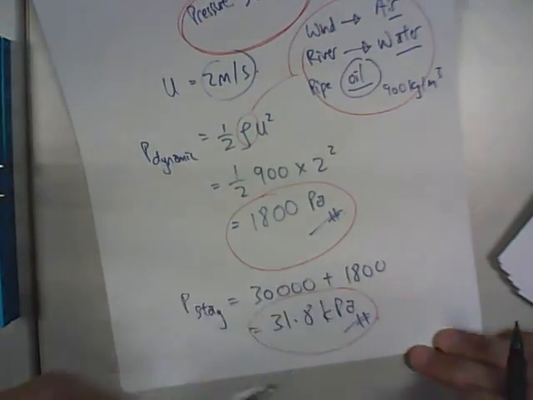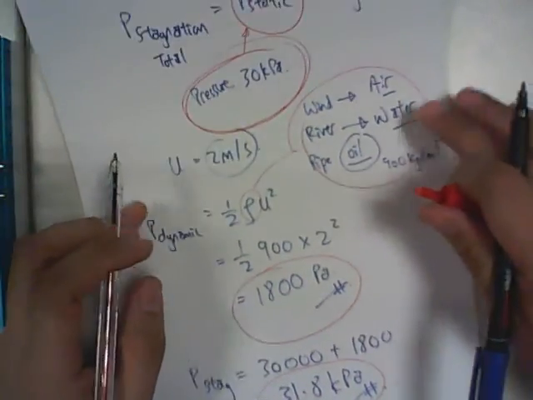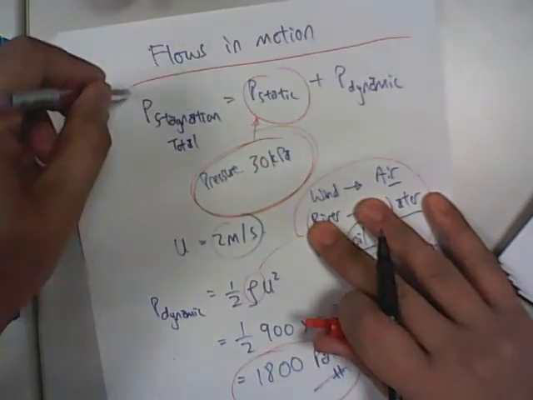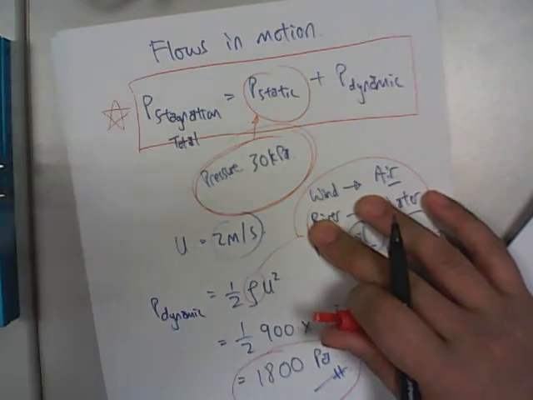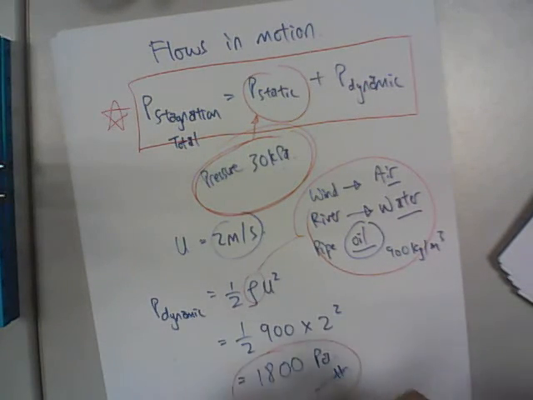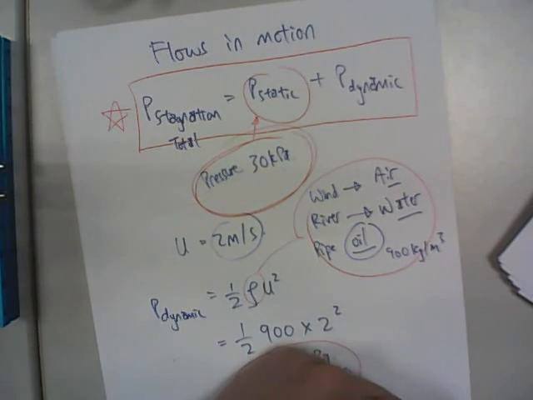This is the total pressure. So when we are dealing with fluid in motion, you look at this particular equation. Next video, I will go through a very simple example to cap this.